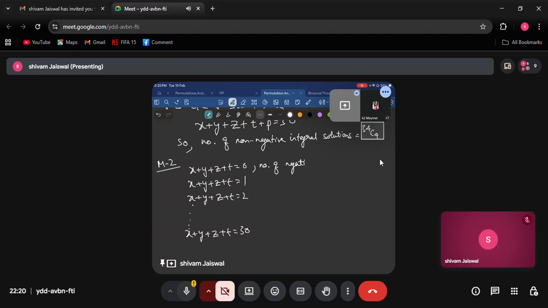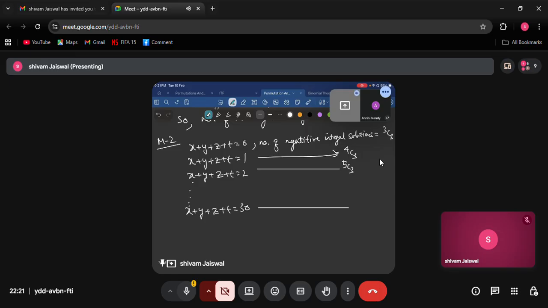It will be equal to 3C3. In this one, 4C3. In this one, 5C3, dot dot dot.